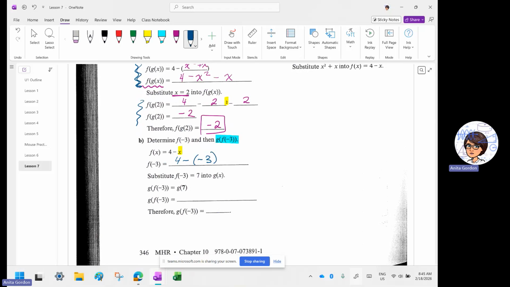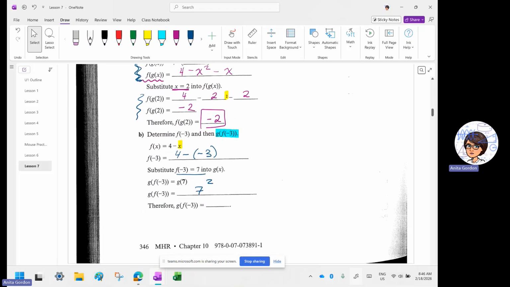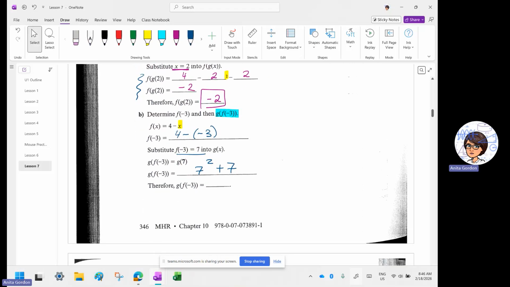So 4 minus -3 gives us 7. Putting 7 into the function, we get 7 squared. Was it a plus or a minus? Plus 7. And now Ms. Gordon has to do mental math. 49 plus 7, that's going to be 56, is our final answer here.